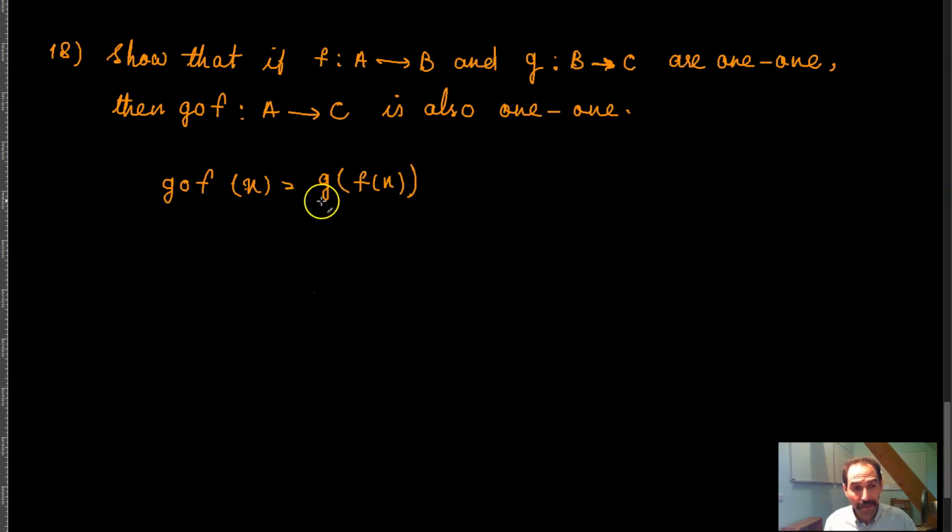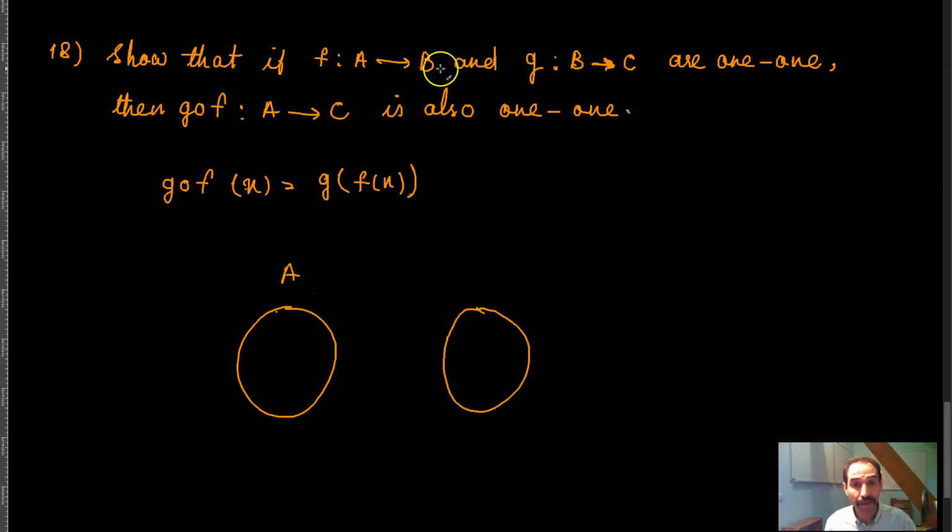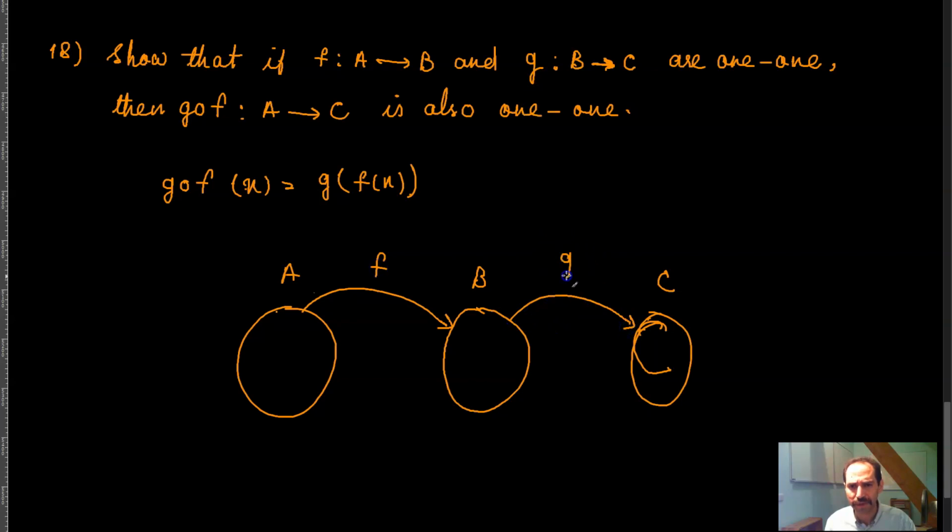the argument of the function g becomes the output of the function f of x, meaning that again, in the same example, if you have A and B, or B and C over here, then f goes from A to B, and g goes from B to C. And now if you have an x over here and give it to f, it will give you f of x.